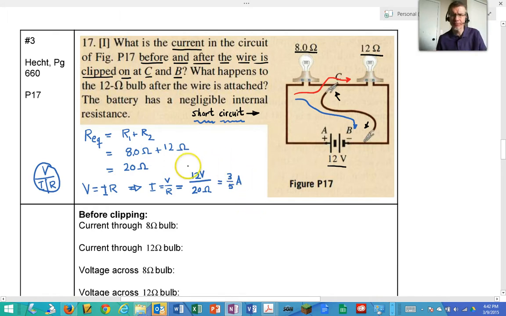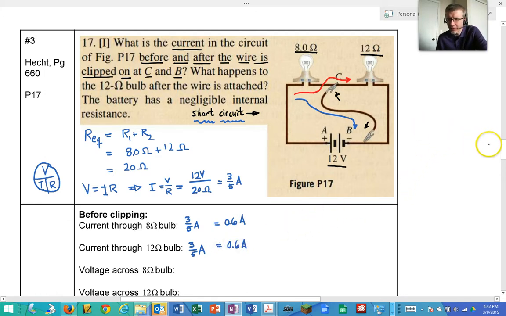So now, if 3/5 of an amp is going through the 8 ohm resistor, then 3/5 of an amp is going through the 12 ohm resistor by conservation of current. It's not building up anywhere. So 3/5 amp through the 8 ohm bulb and 3/5 amp through the 12 ohm bulb. I guess I could say that that's 0.6 for those of you that want a number. That's fine, 0.6 amps.